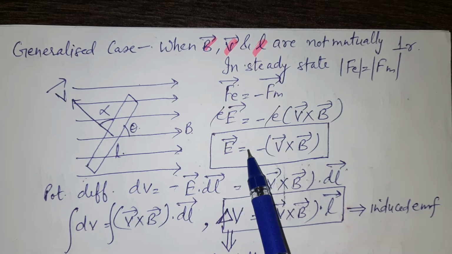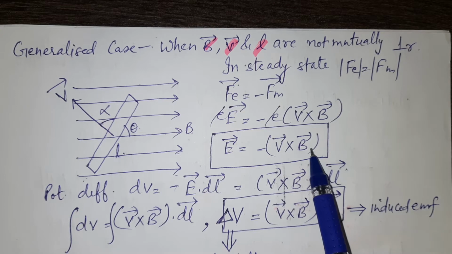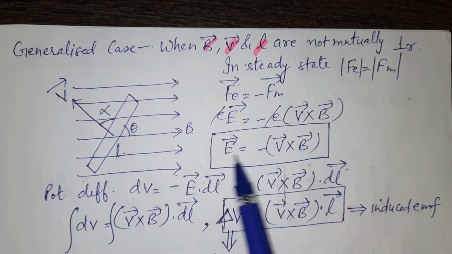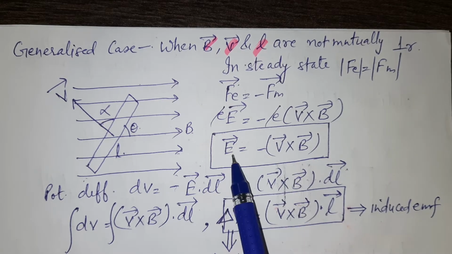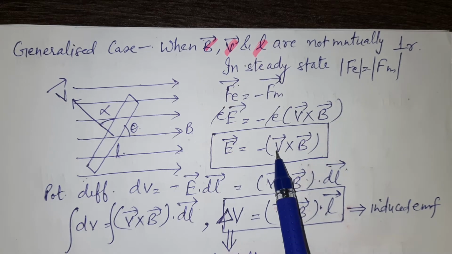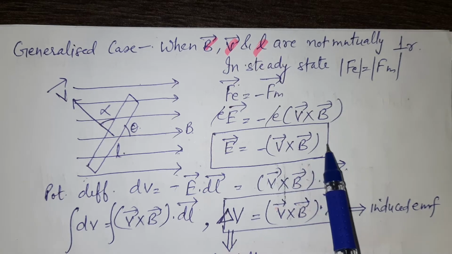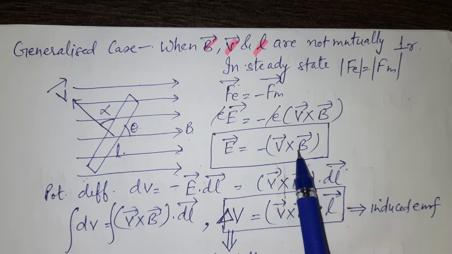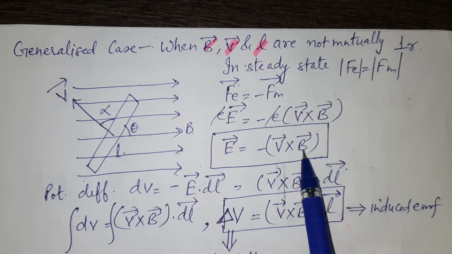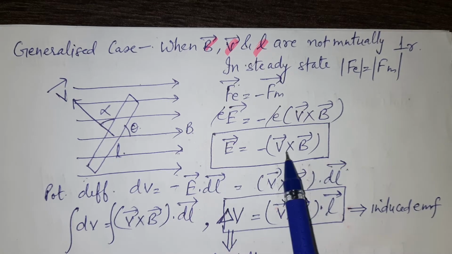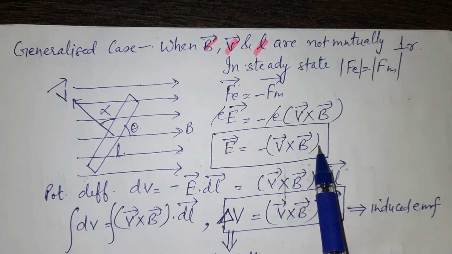So E is equal to minus V cross B. In the earlier case, we took E equal to VB because the angle between V and B was 90 degrees. But here the angle between V and B is not 90 degrees, so we write E is equal to V cross B as it is.